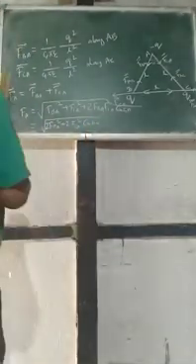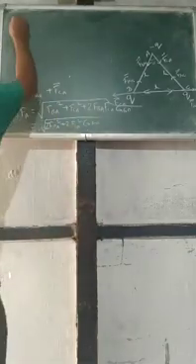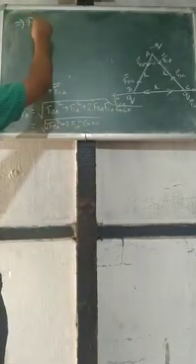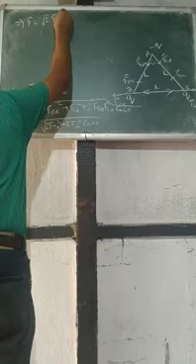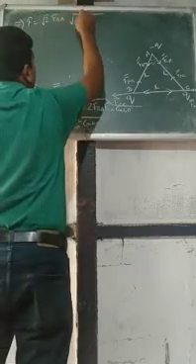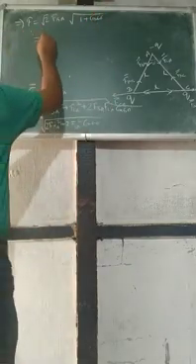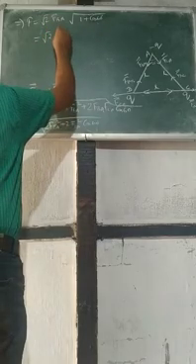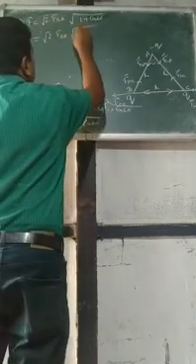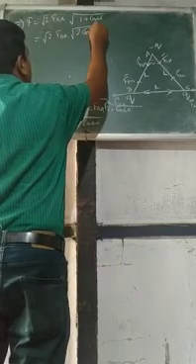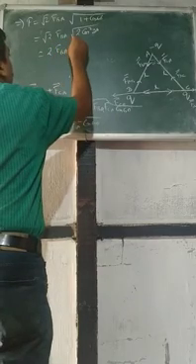Taking this common, F is given by root 2 F_BA into root of 1 plus cos 60 degree, equal to root 2 F_BA, where 1 plus cos theta means 2 cos square theta by 2, with theta by 2 being 30 degree. So root 2 means 2 F_BA cos 30.